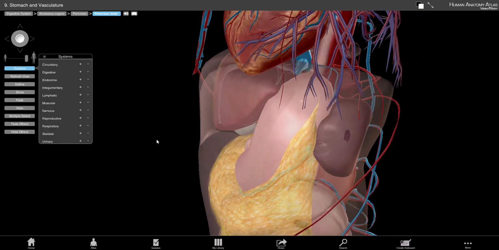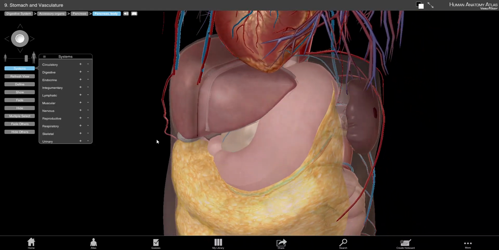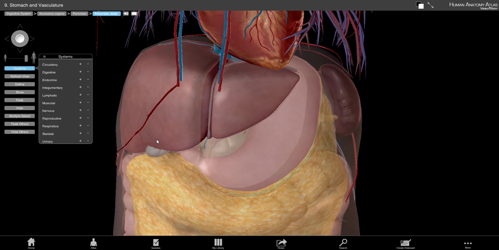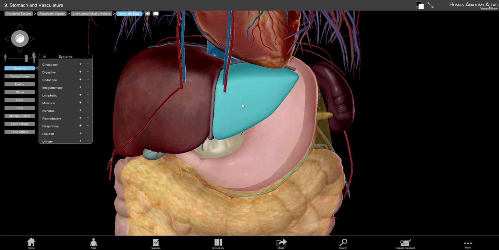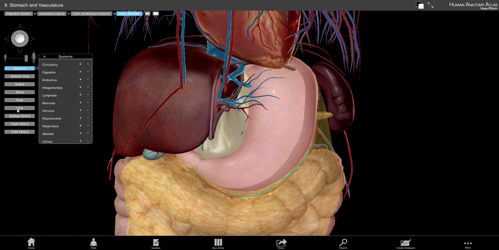The stomach has two curvatures. The lesser curvature is found on the right side. In order to visualize the lesser curvature, it is better to remove the left lobe of the liver. This is the left lobe of the liver, which is found anteriorly. The stomach anteriorly is related to the left lobe of the liver, which has already been removed here, and to the anterior abdominal wall.